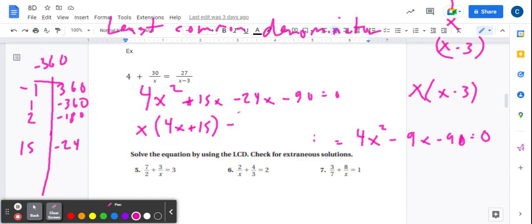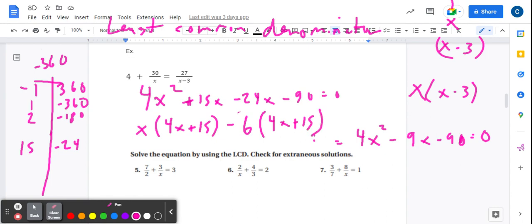Over here, 24x and 90. The highest common factor of 24 and 90 is 6. We pull out a 6 right there, and we end up with 4x plus 15 there.